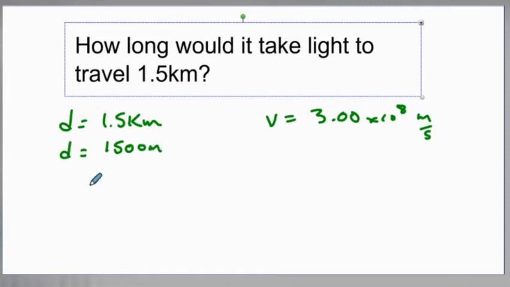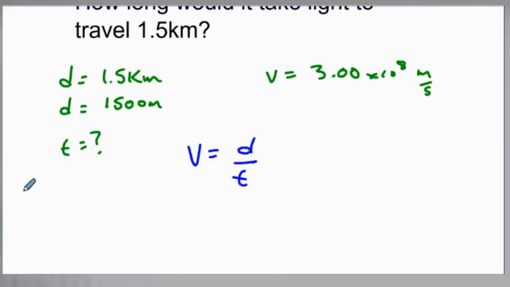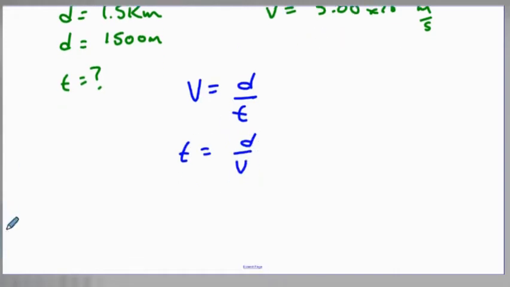So there's my distance in meters, and I'd like to know the time. Well, we just go back and use our very simple formula that we did before, that speed is distance divided by time. And that works wonderfully if things aren't changing as they go. So if I want to find the time, it's the distance divided by the velocity.